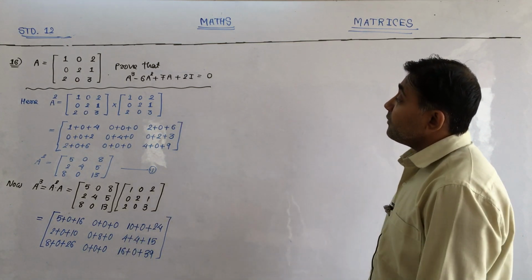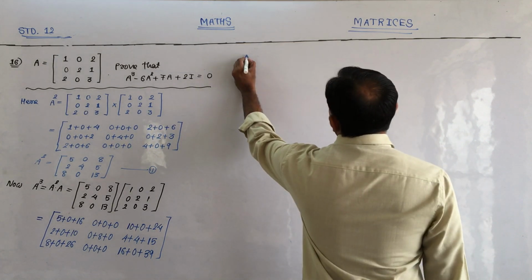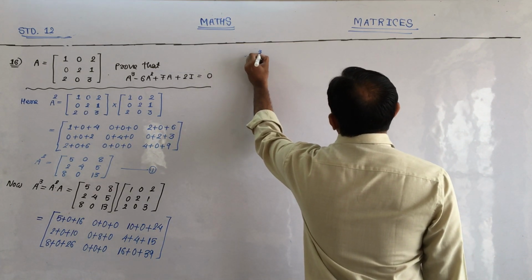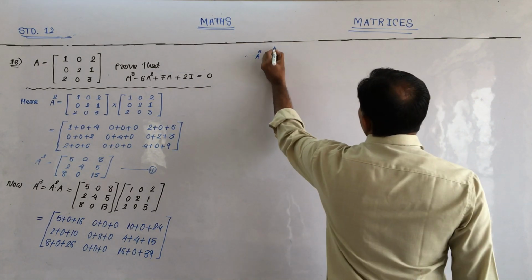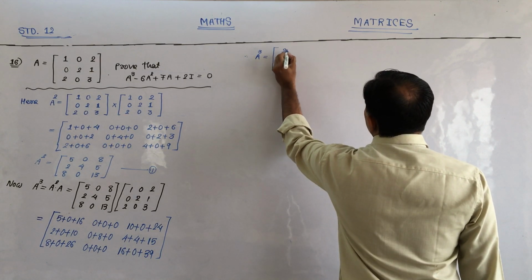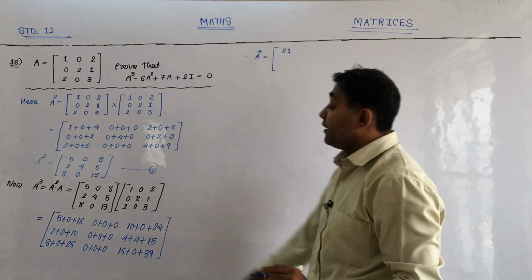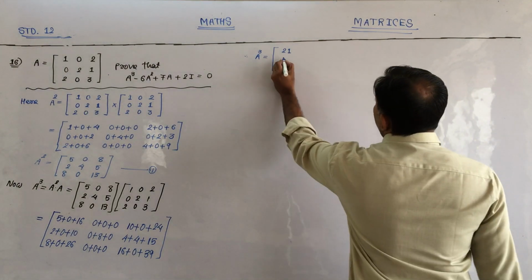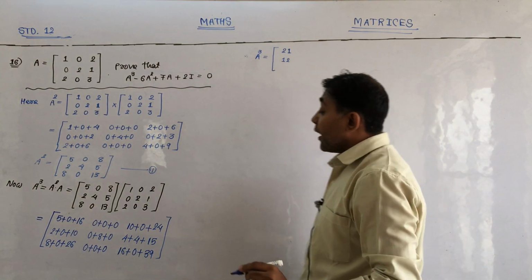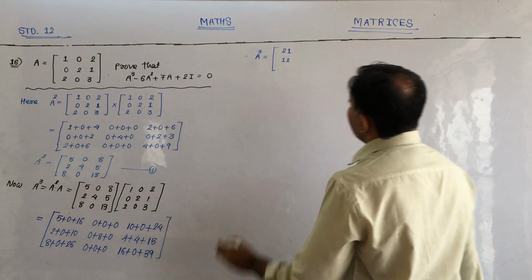So therefore, let us see what A cube is finally. I can say that now A cube is, let us count, 16 plus 5 is 21, then 0, then 26 plus 8 is 34.